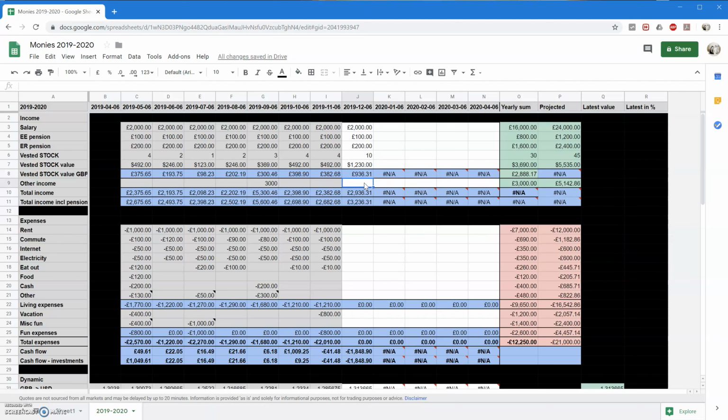I had no other income. Yeah, actually, let's say I had a Patreon or a tax refund or something of 1,000, so good month. I'll put the unit back there, much nicer.